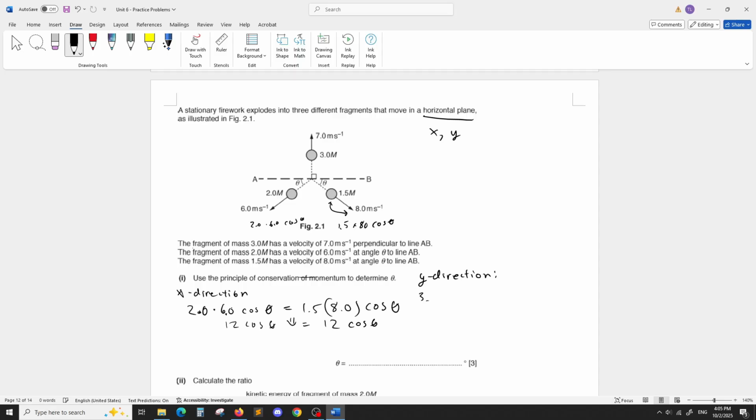So we have 3.0 kg times 7.0 meters per second is equal to sine theta times 6.0 plus sine theta of 1.5 of 8.0, and then you get 21 over 24 is equal to sine theta. So sine inverse.